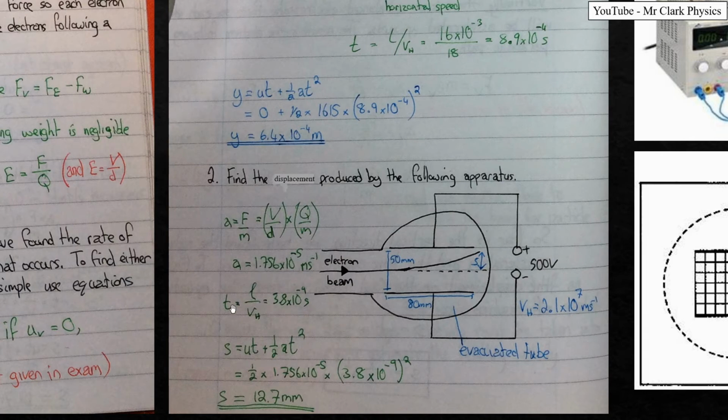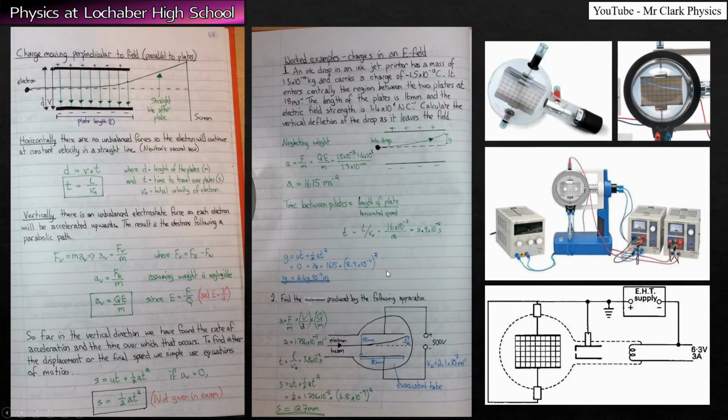Secondly, to work out the time, it's going to be a certain distance, 80 millimeters, divided by a certain speed, which is given over here. It's a very, very big speed, so we have a very small time come out. Putting all of these things together, we get a displacement of about 12 millimeters or 1 centimeter or so, which is quite typical for these screens. You can see here this would be 25 millimeters, so it's about half of the way along the scale. That seems reasonable to me as well.